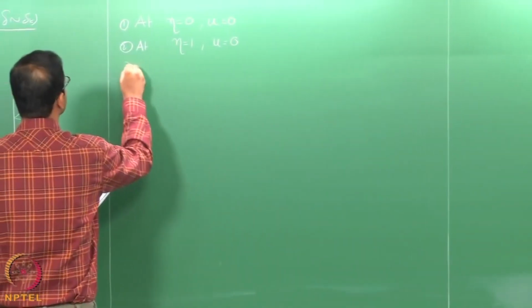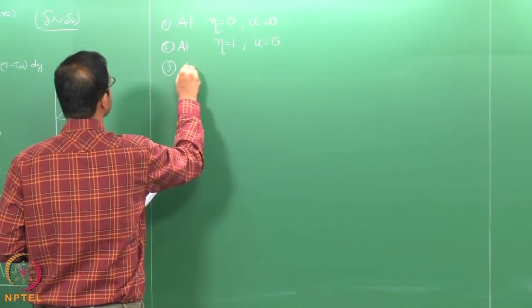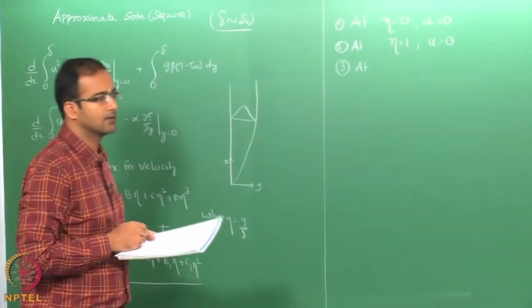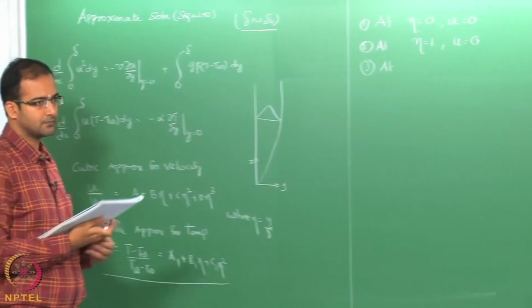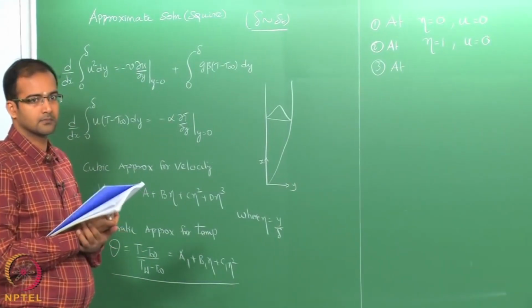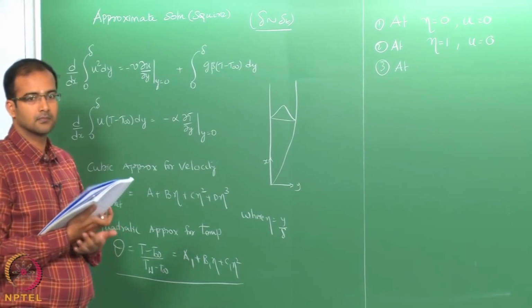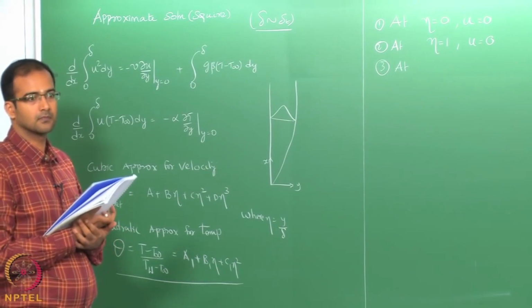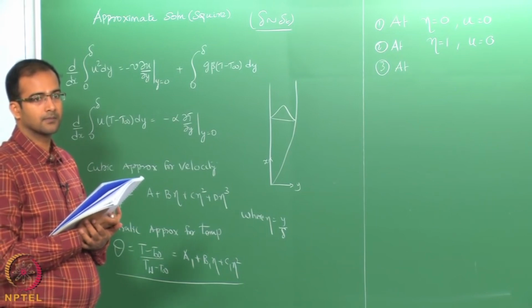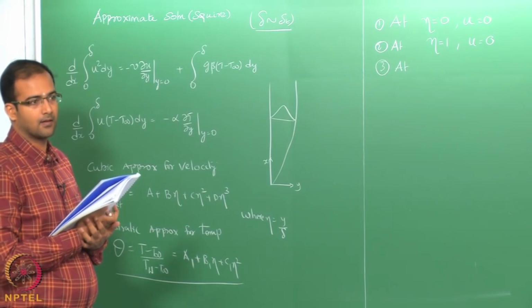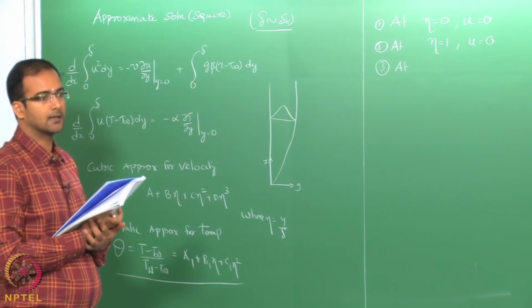And number 3, we need totally 4 boundary conditions. So, what will be the third boundary condition we can write? Where do you want to write the third boundary condition, at the wall or at the boundary layer?